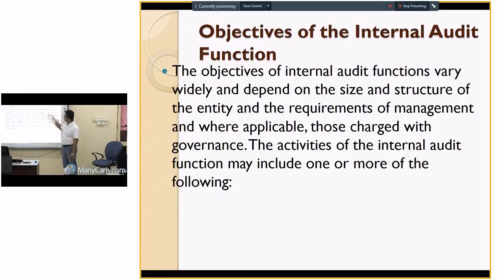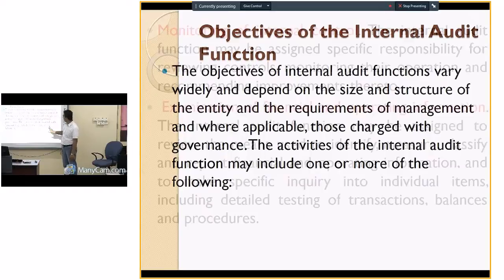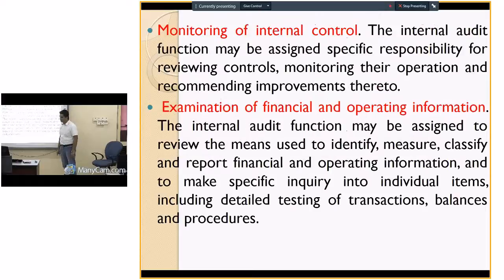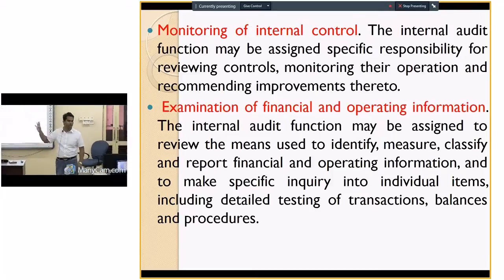As I discussed, the objectives depend very widely on the size and structure of the entity. They deal with this type of activities. Monitoring of internal controls is a very basic and more focused area of internal auditors.